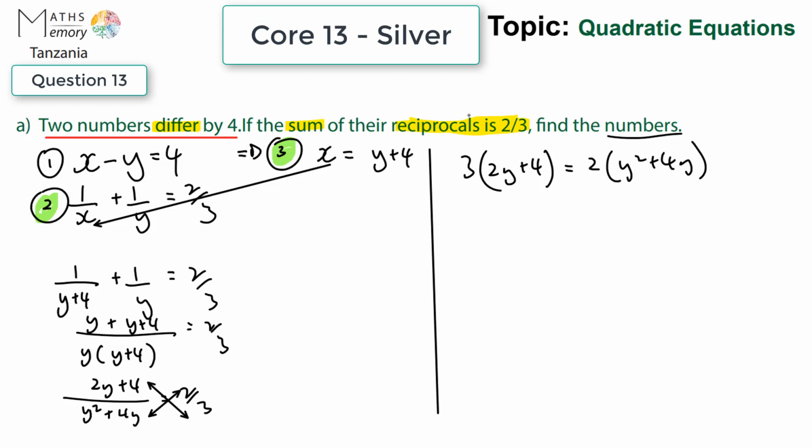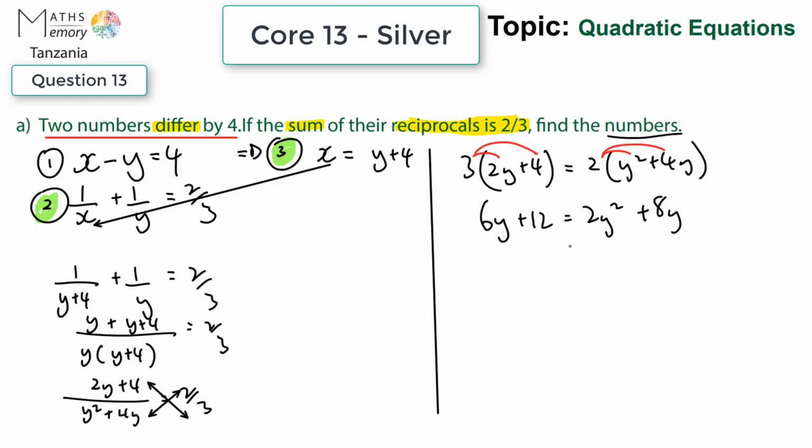Let's multiply this out, the half crab claw. So we simply do 3 times 2y, 3 times 4, 2 times y squared, and 2 times 4y here. So we get 6y plus 12 equals 2y squared plus 8y.